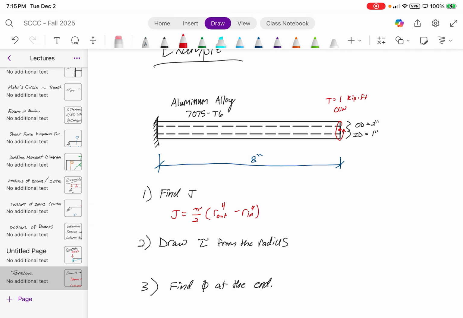What did we get for that? Pi over 2 times outside radius is going to be 2 inches to the power of 4 minus 1 inch to the power of 4, which means our J we should get equal to 23.562 inches to the fourth.